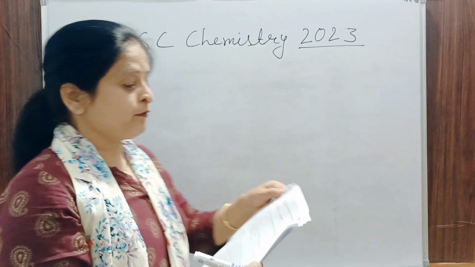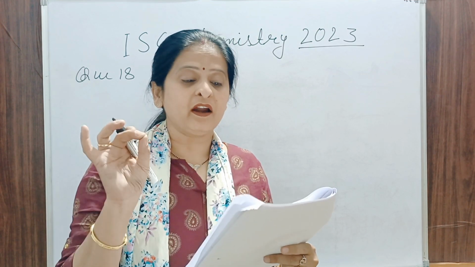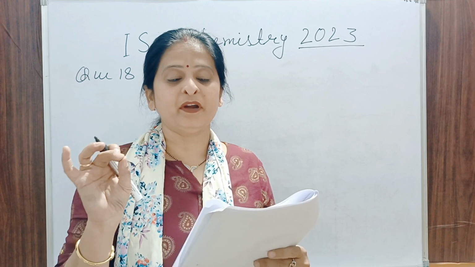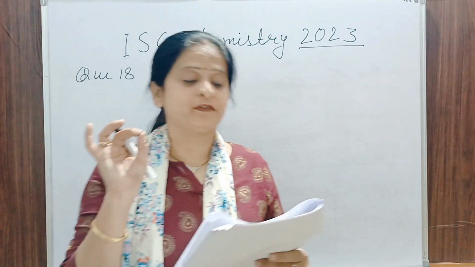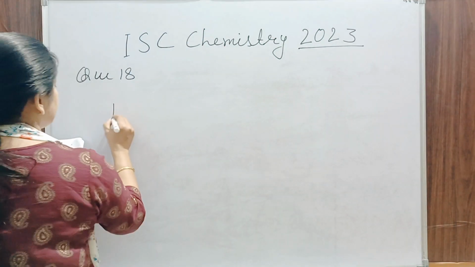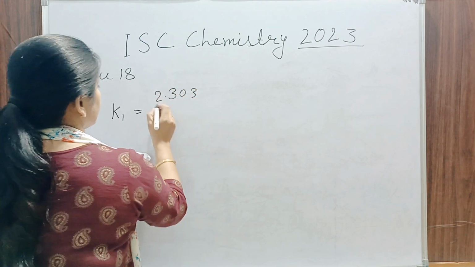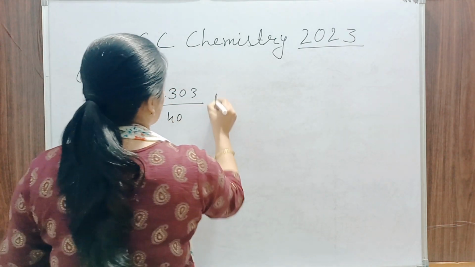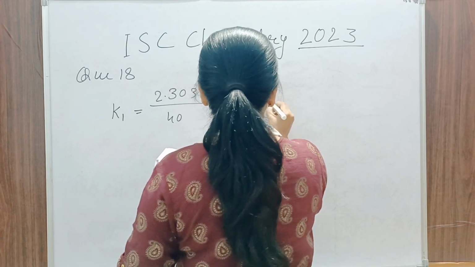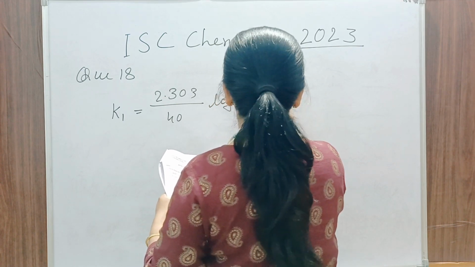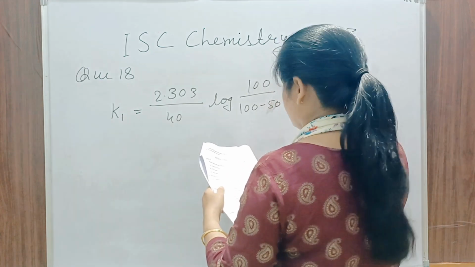Question number 18. A first order reaction is 50% completed in 40 minutes at 300 Kelvin and in 20 minutes at 320 Kelvin. Calculate the activation energy of the reaction. So how can we solve this? First I will calculate K1. K1 is 2.303 upon 40 log 100 upon 100 minus 50, which is 0.0173.